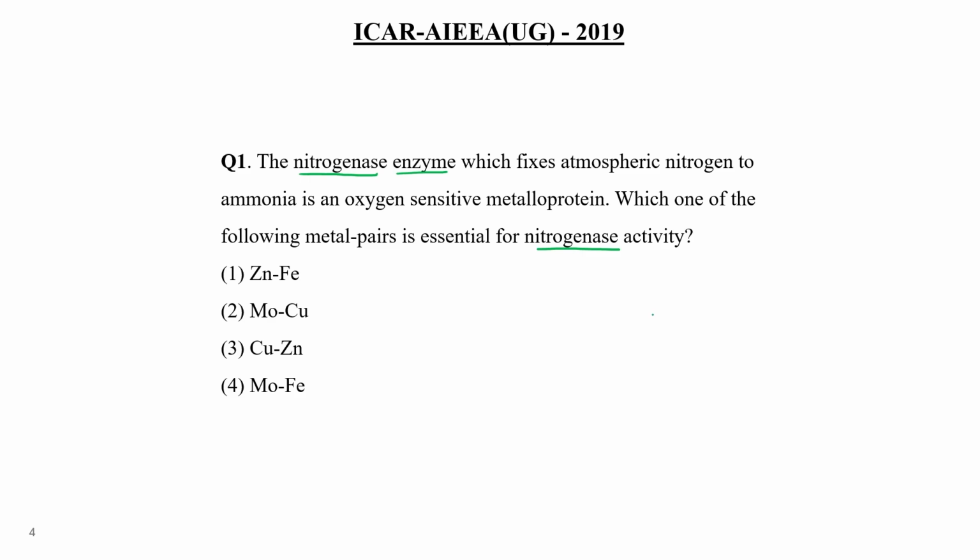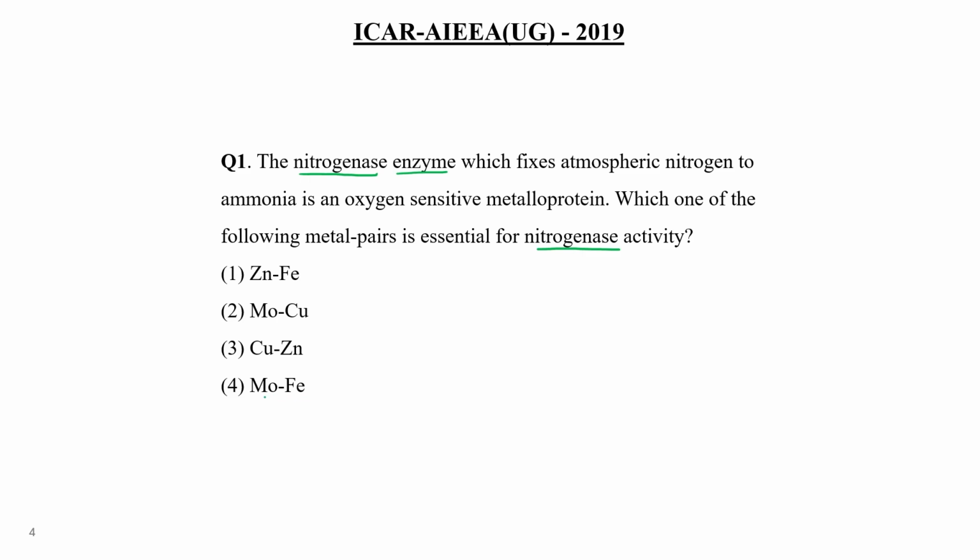The nitrogenase enzyme which fixes nitrogen into ammonia, which metal ion is essential for its activity? Iron is there and molybdenum is there.